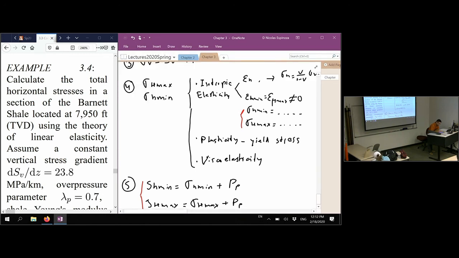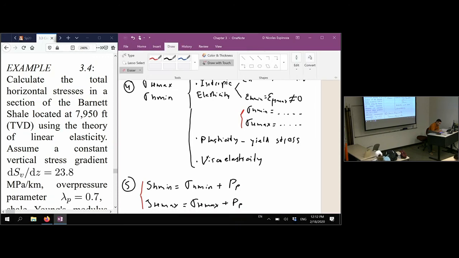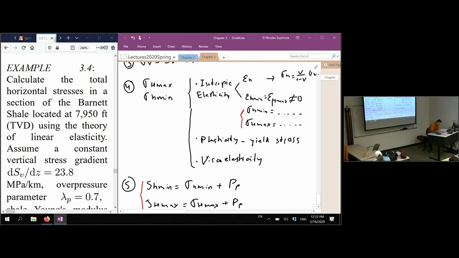That's the first case that we saw, epsilon h, or horizontal strain, equal to 0, and this is the second in which the tectonic strains are not equal to 0. So in that case you have to use the long equations.